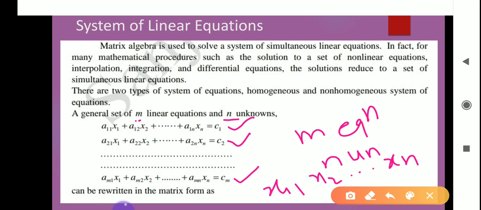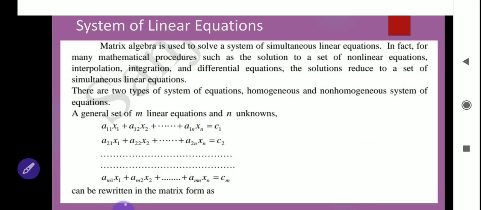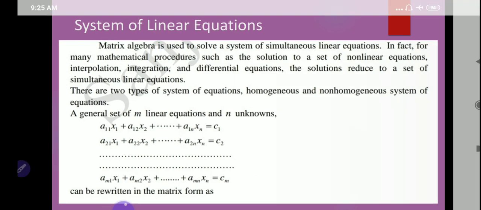Now we have to solve this system of m linear equations in n unknowns using the matrix method. So what is our first step? First we have to write this system of linear equations in matrix form. This was already done in 12th standard.